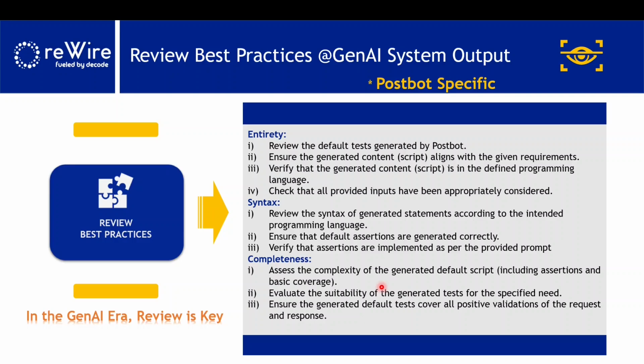These are the things Postbot generated or not, you need to ensure. Otherwise, if you say everything is done without reviewing, there may be a chance to miss or misguide the entire testing effort.